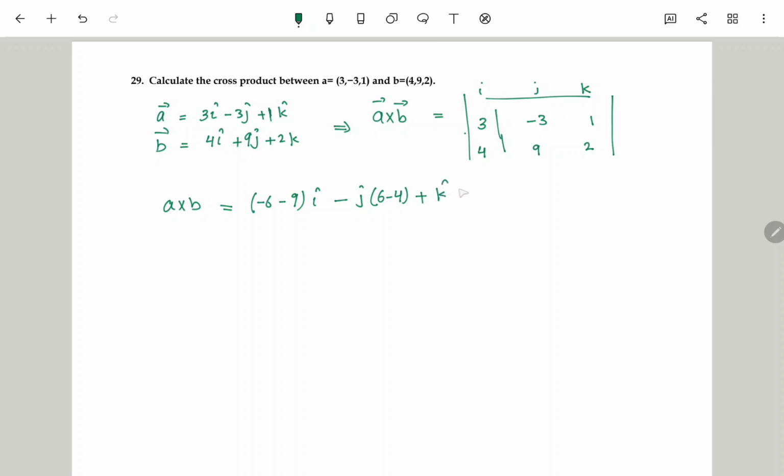Plus k hat: you hide this and this, 9 times 3, 27, minus 12, it's a plus k hat. You do this, you will find that it's -15 i hat minus 2 j hat plus 39 k hat.